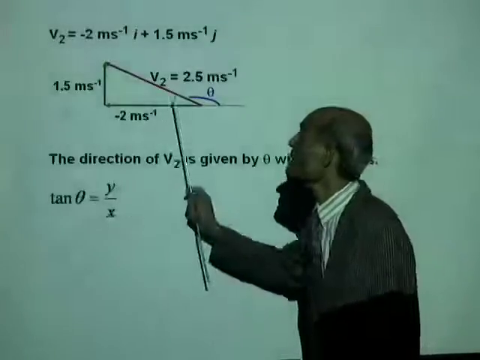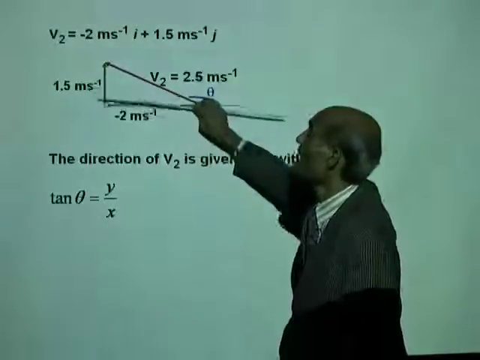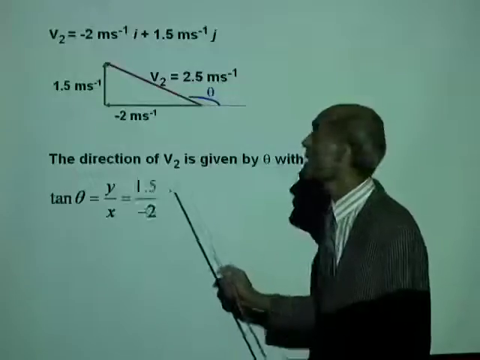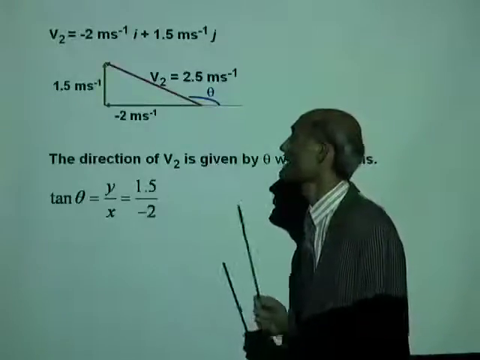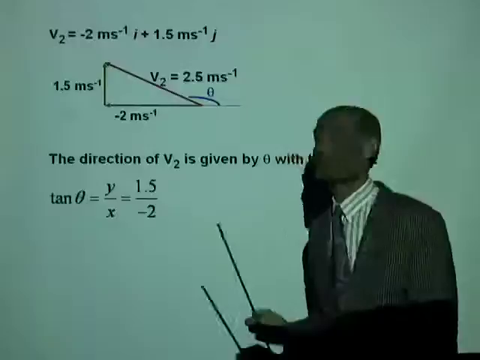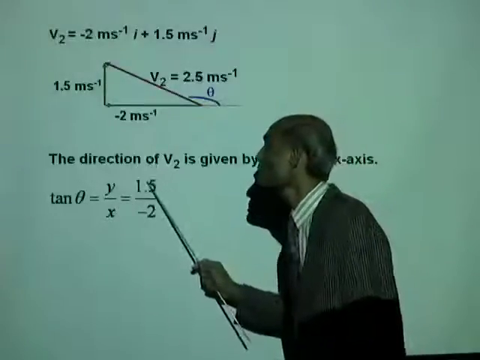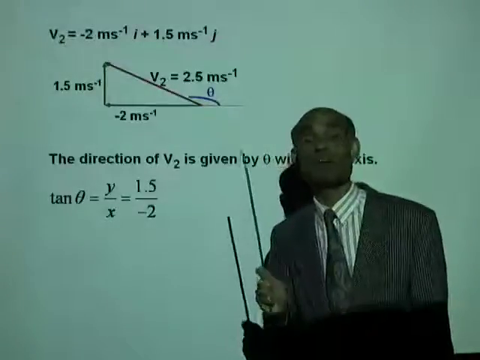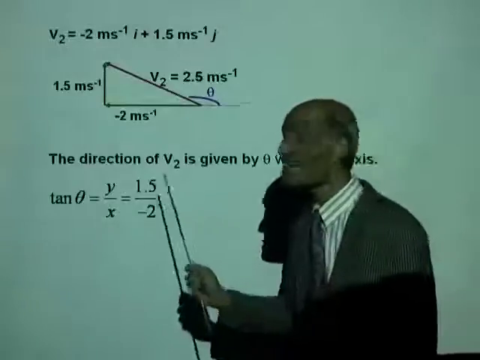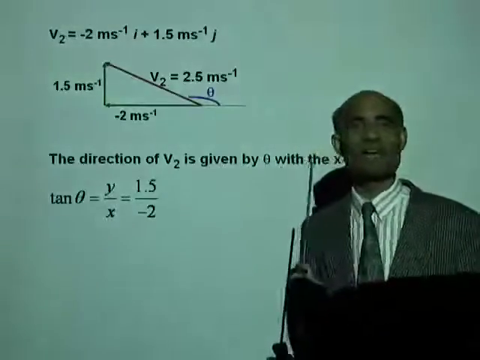So tan theta equals y divided by x. y is 1.5, x is -2. So tan theta is 1.5 divided by -2. You see that negative sign is very important there.